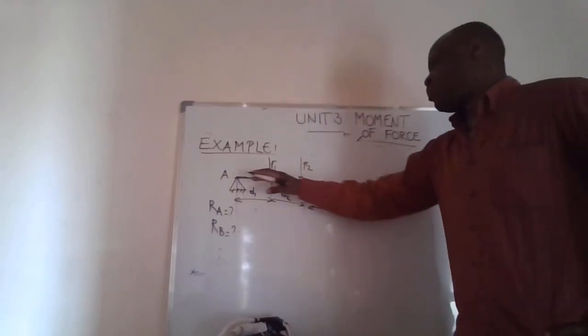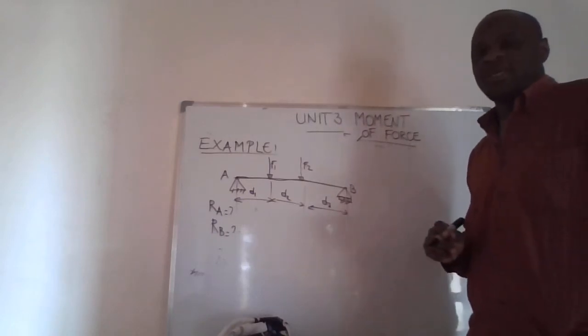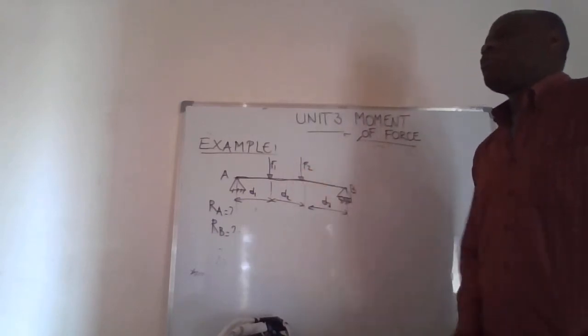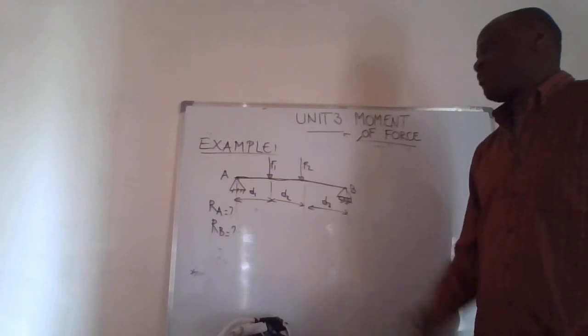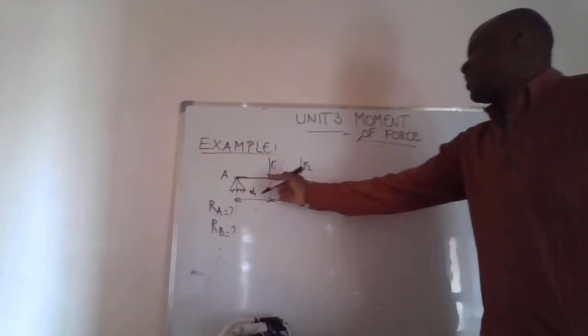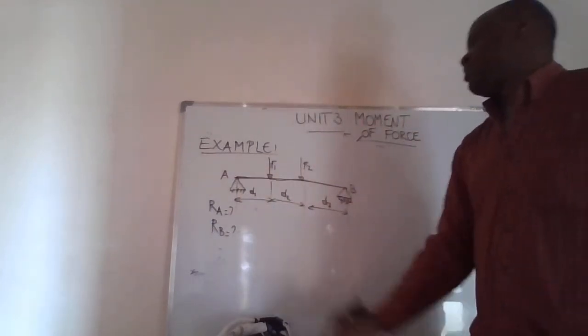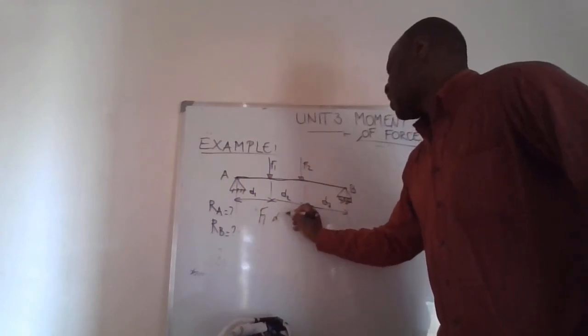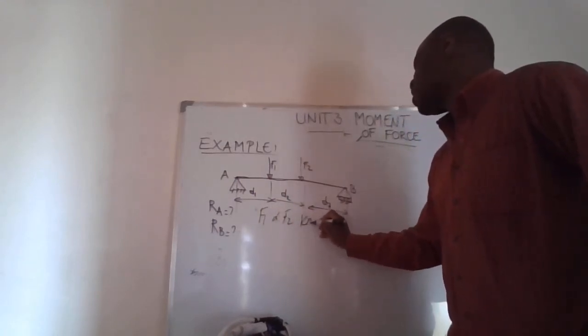Now we don't have to consider the weight of the beam in this case, or the self weight of the beam, or the self mass of the beam. But how do we get RA and RB, F1 and F2 being known?